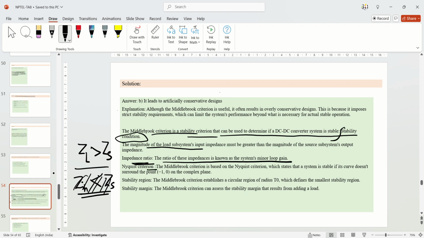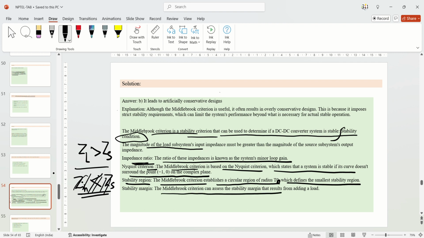Okay. The Middlebrook criteria is based on the Nyquist criteria only, which states that the system is stable if the curve doesn't surround the point -1, 0 on the complex plane. And for the stability region, the Middlebrook criteria defines a circular region of radius T naught, which defines the smallest stability region. This criteria can assess the stability margin resulting from adding a load.